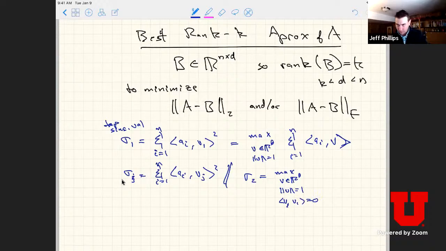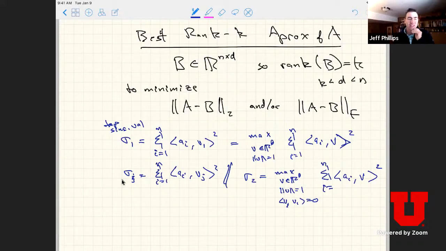So it's orthogonal to v1, and then this sum, squared. Okay, so these are what the singular values are recovering. They're recovering how much variation is along the subspace, and these are orthogonal components.